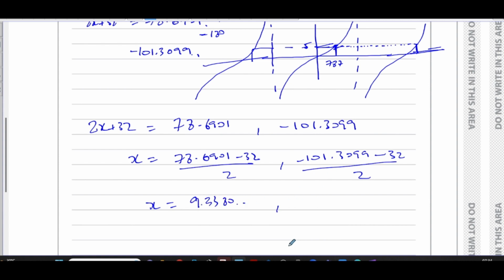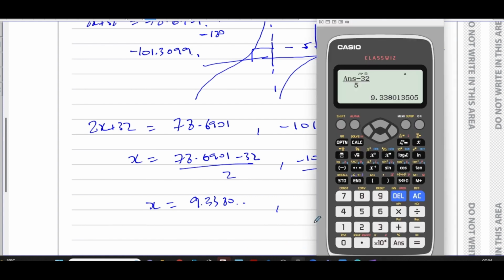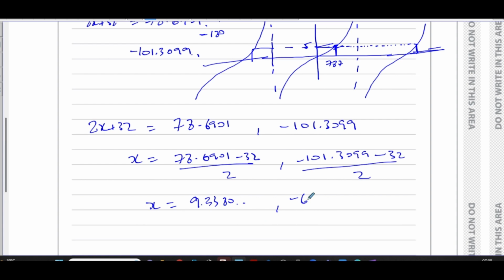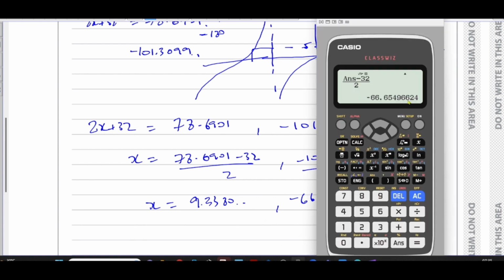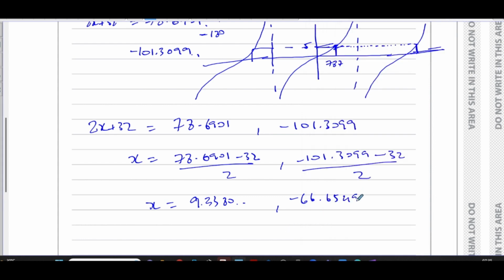And then I go back to this and subtract 180. That's the angle that we got. So I put answer minus 32 over 2. That gives me minus 66.6549. Let's keep it like that.